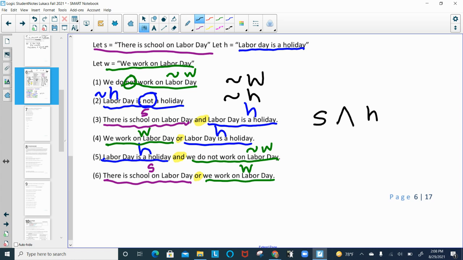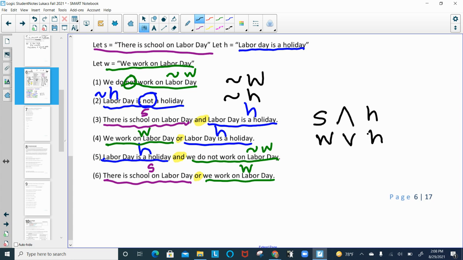Let's try number 4. We work on Labor Day was W. Or, oops, I did that wrong. Hang on one sec. That looks like a V. Labor Day is a holiday. That's H again. See how I did that? I put it right in the middle. I put the and the or symbols right in the middle where they belong.